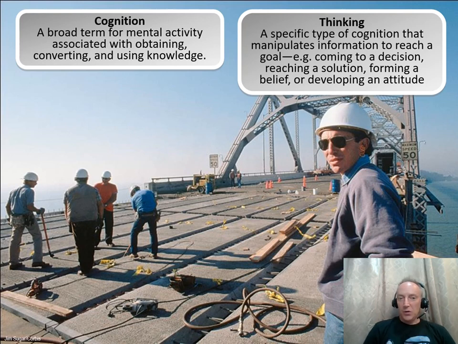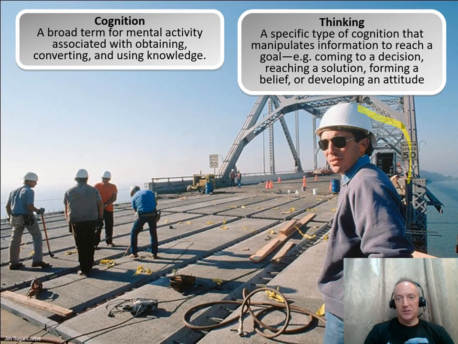It's a very broad term. Thinking is just one type of cognition. It is the type of cognition that uses information to reach a goal or to make a decision or to come up with some solution. So thinking is just one type of cognition.